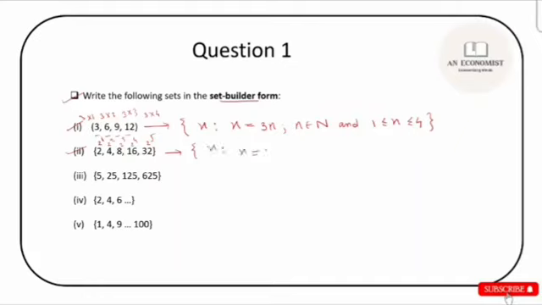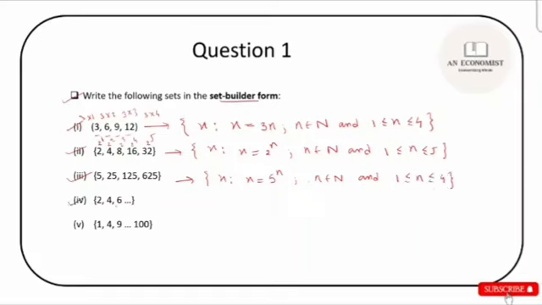X is 2 to the power n such that n belongs to natural numbers and 1 less than equals to n less than equals to 5. In a similar way we can do this question as well. X such that x is 5 to the power n, n belongs to natural numbers, and 1 less than equals to n less than equals to 4.